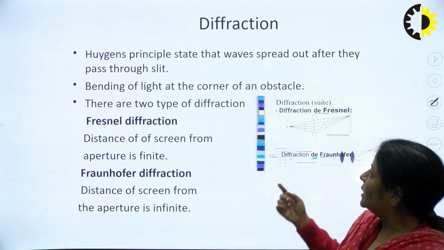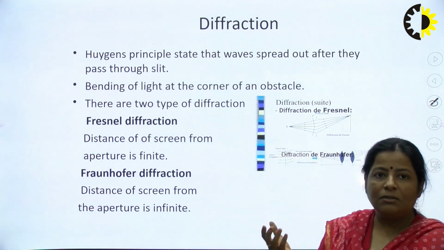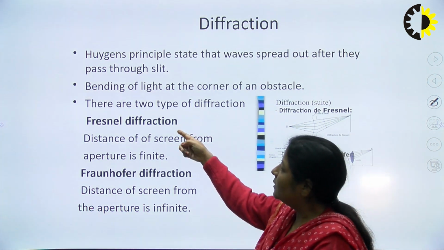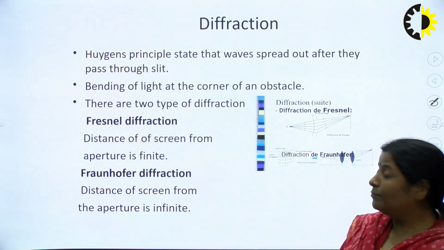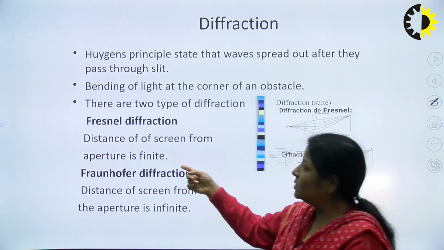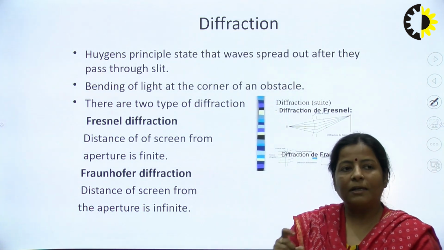Diffraction can be divided into two parts. That means theoretically we can study diffraction in two types, Fresnel diffraction and Fraunhofer diffraction. In Fresnel diffraction, the distance of the screen from the aperture is finite. That means the source and the screen are at finite distances.